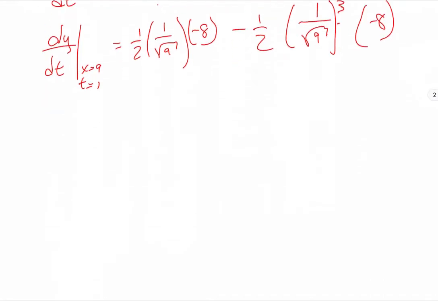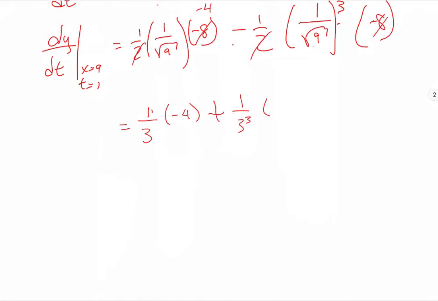All right, so now let's scroll down so we can simplify. So this equals, the 1/2 goes into here and leaves a -4, and so I have 1/3 times -4. The minus and a minus make a plus, plus this is 1/3 cubed, so 1 over 3 cubed, times 4, because I've already gotten rid of the negative. So this equals -4/3 plus 4 over 27.